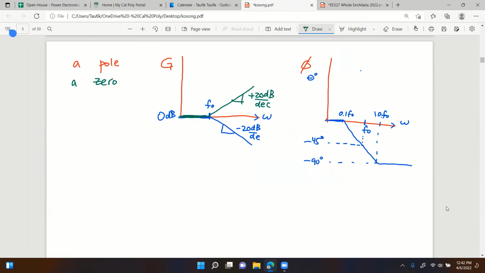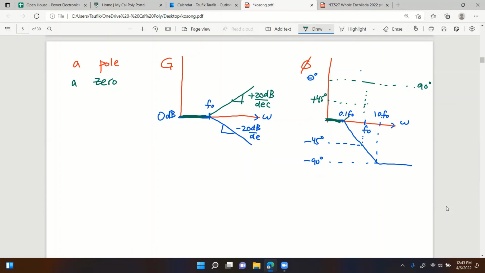The angle is also similar, except it's the opposite of a pole, right? So it starts from zero again. When it hits the frequency of the zero, right here, then it's going to go to plus 45 degrees, right? And then at high frequency, it's going to go to 90 degrees, right?